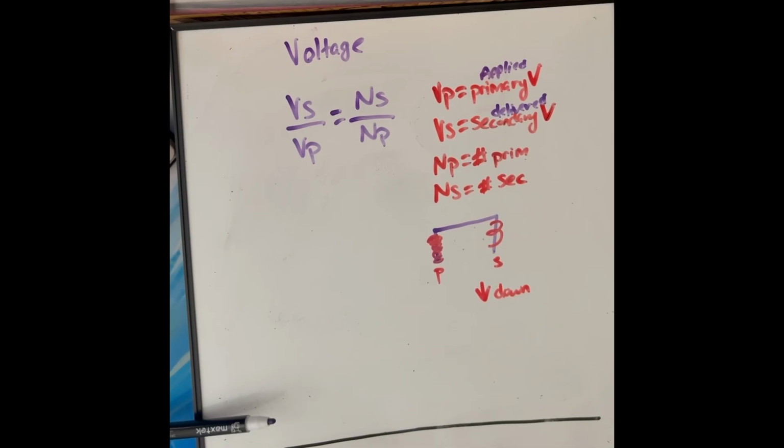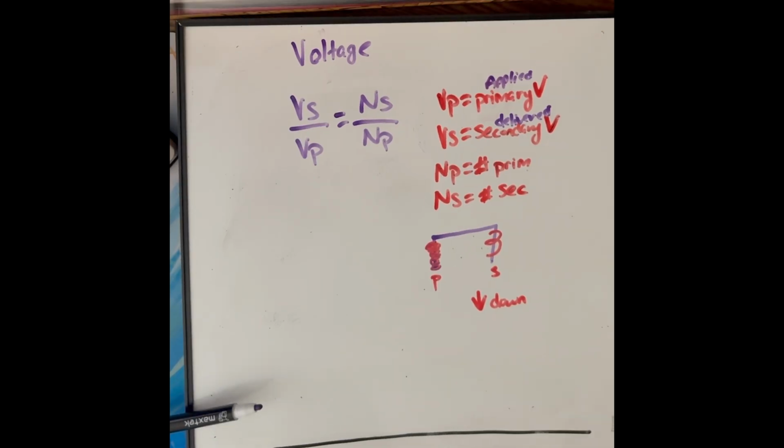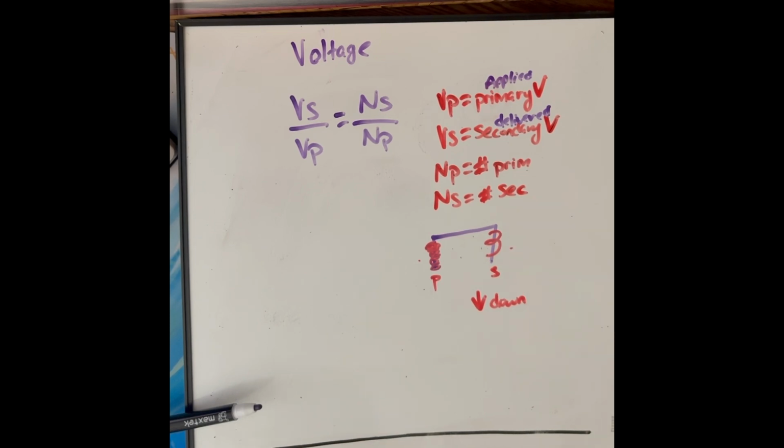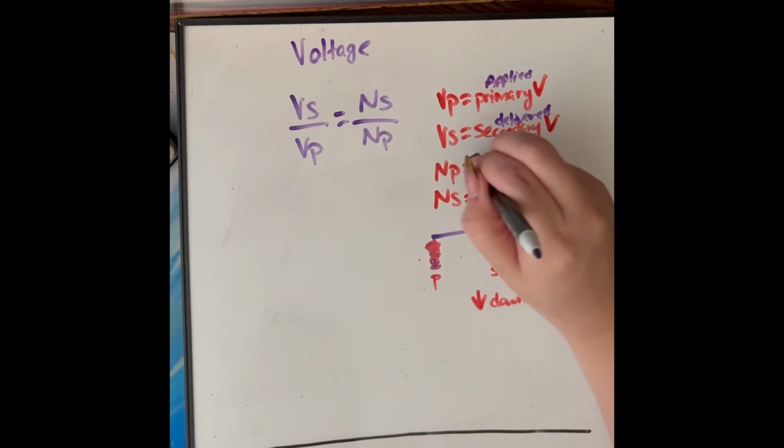Now, what we're looking for is our secondary voltage. It's asking what our new voltage would be. If we know it's a step down transformer and we have a higher amount of voltage on this side than this side, we should expect our number of volts to go down. The numbers they gave us were: has 10 times as many primary windings. Sometimes the question might say that, or it might say if there are 10 windings on the primary side.